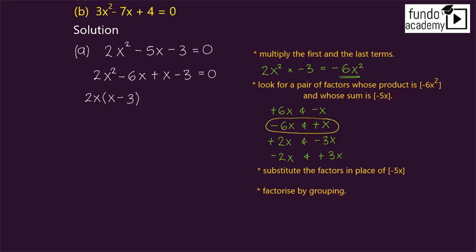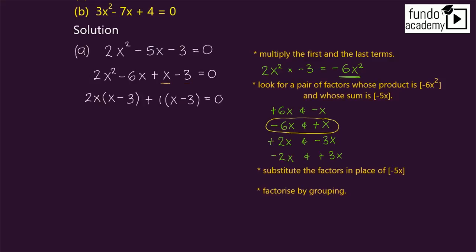Next, we group these last two terms, and the common factor among them is 1. So we factor out plus 1 and we divide 1 into x, we get x, and 1 into minus 3, we get minus 3, and that will be equal to 0.